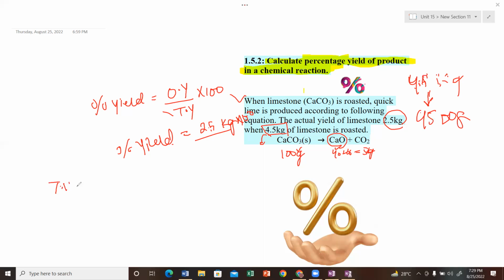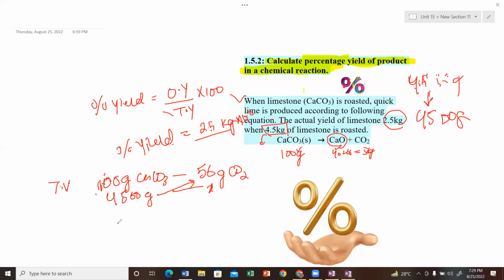For theoretical yield, what could be the equation? I'm going to write: 100 gram calcium carbonate produces 56 gram calcium oxide. So 4500 gram would produce X. Now, there is a simple cross multiplication.